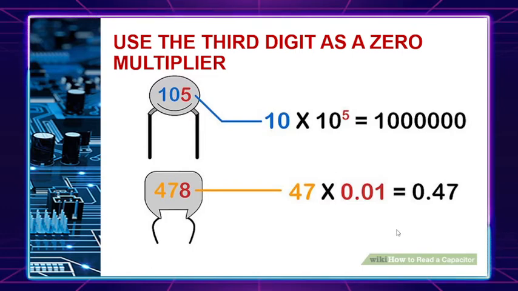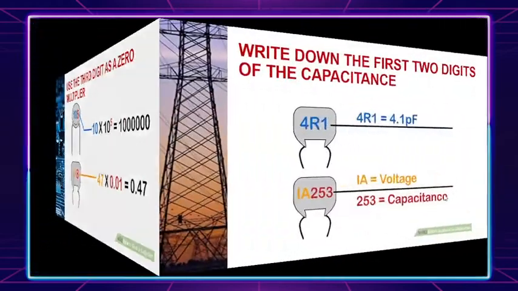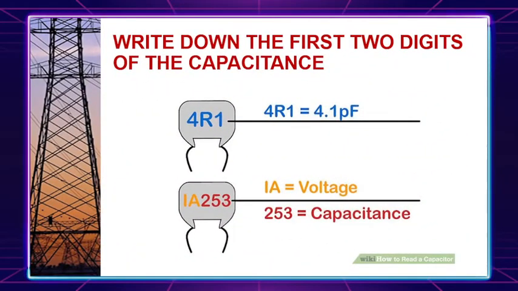Next is, sorry for the error on my part, it should not be write down the first two digits, but it should be work out the capacitance units from context.